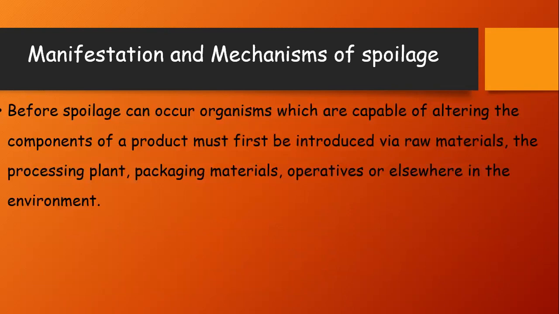Introduction of microorganisms into the product can be via the raw materials, because microorganisms that are capable of altering the product must first of all be introduced. It is mostly indirect inoculation. Nobody directly inoculates microorganisms into the product, because we know the end is going to be deterioration.